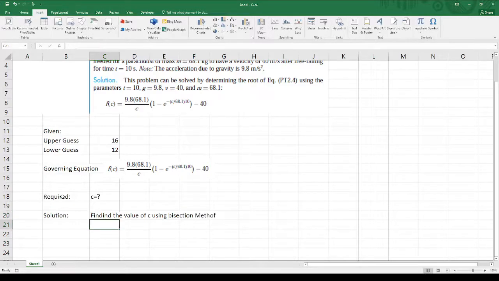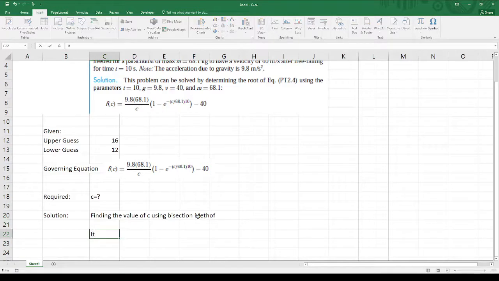In finding the root using the bisection method, you have at least an iteration equation. So let's insert an equation.